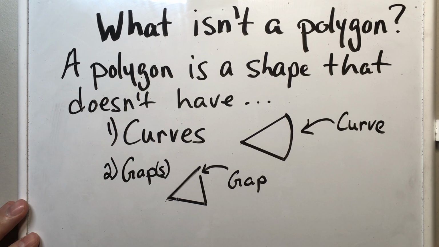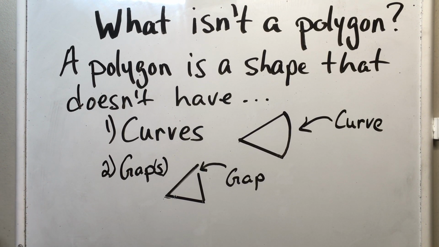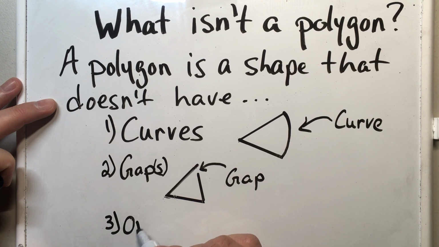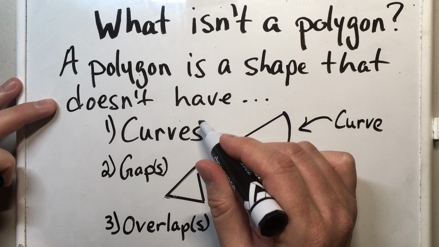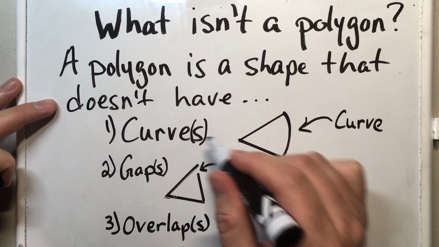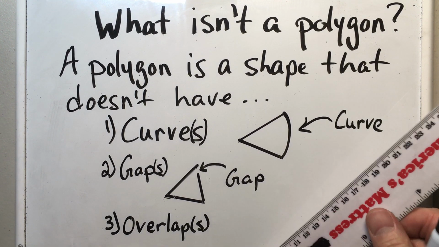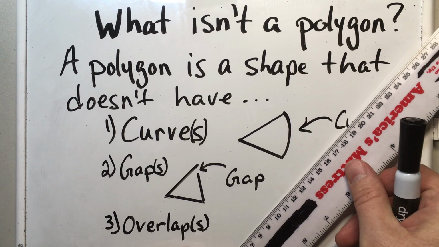Another thing that makes a shape not a polygon is what's called an overlap. Okay, and of course that means curve or curves, gap or gaps, overlap or overlaps. Okay, so let's take this idea here of this triangle that I was going to do.